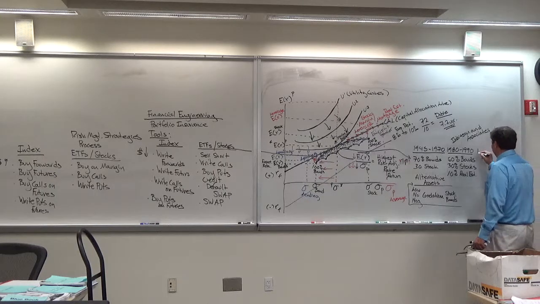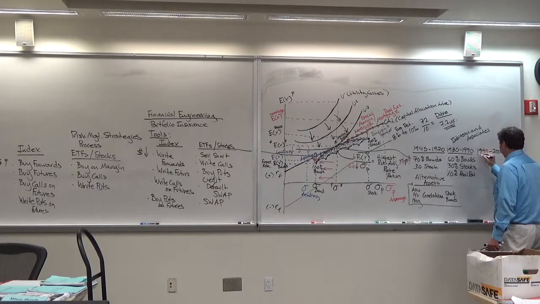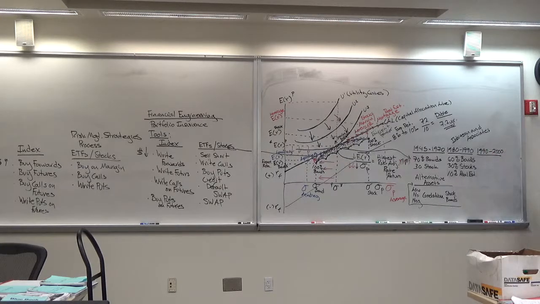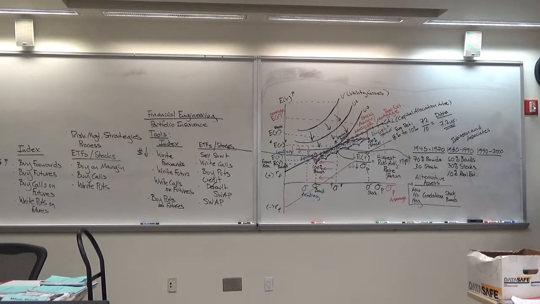In the 1990s to the 2000 period, Ibbotson did the research again using the analytics and said, hey, you need to have at least 10% of your portfolio allocation in cash value life insurance.